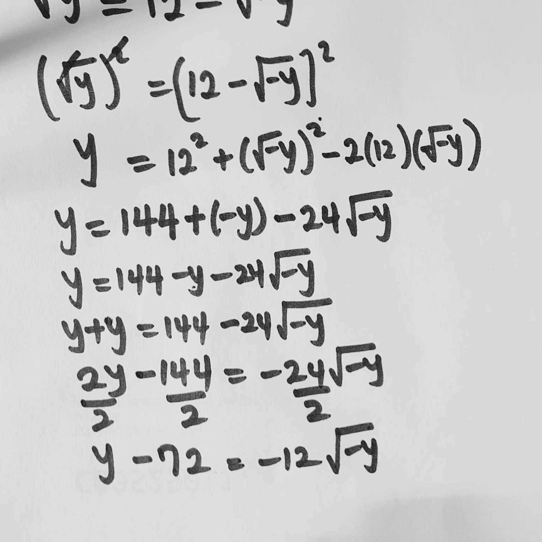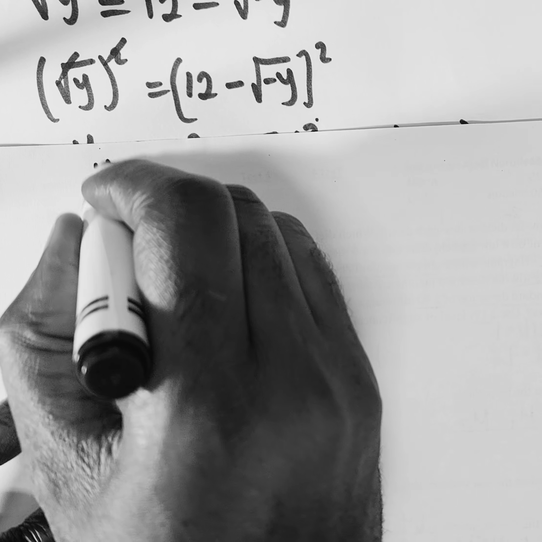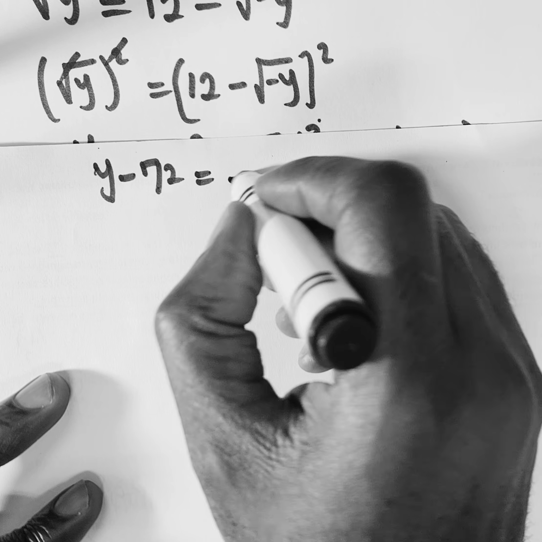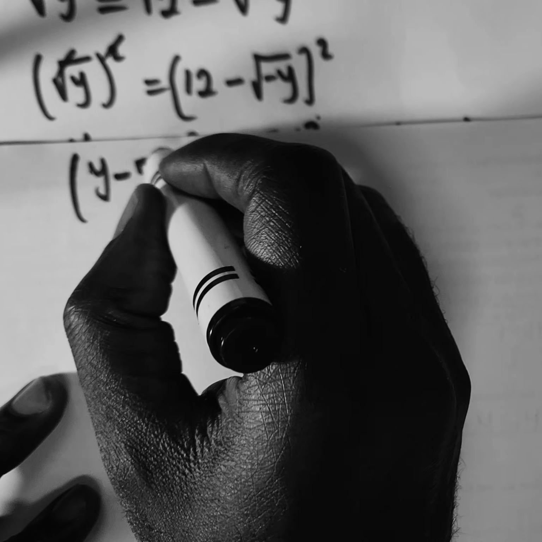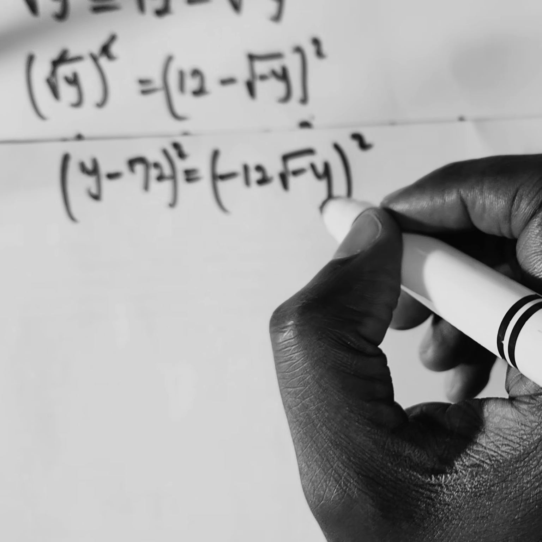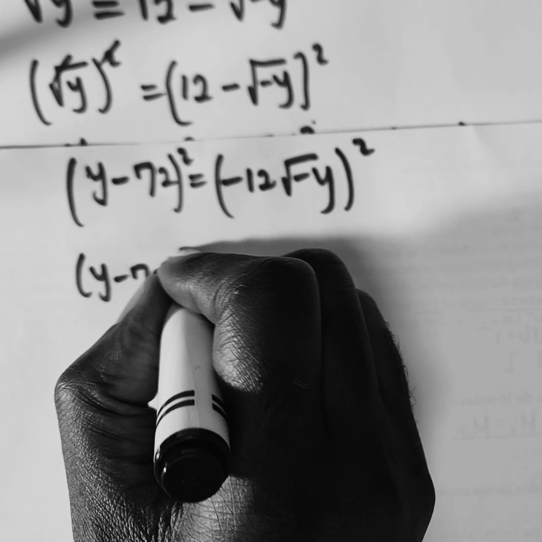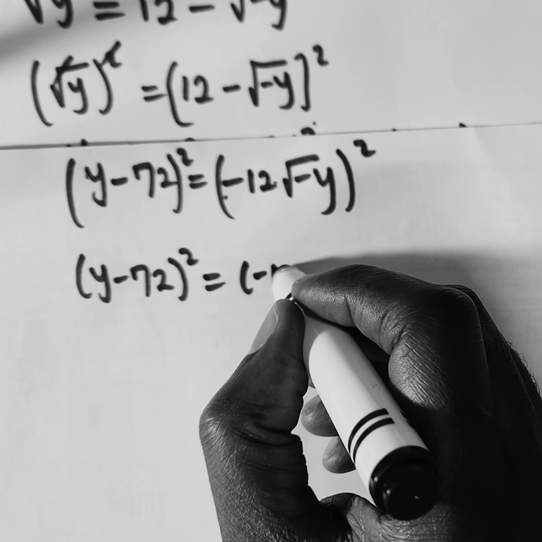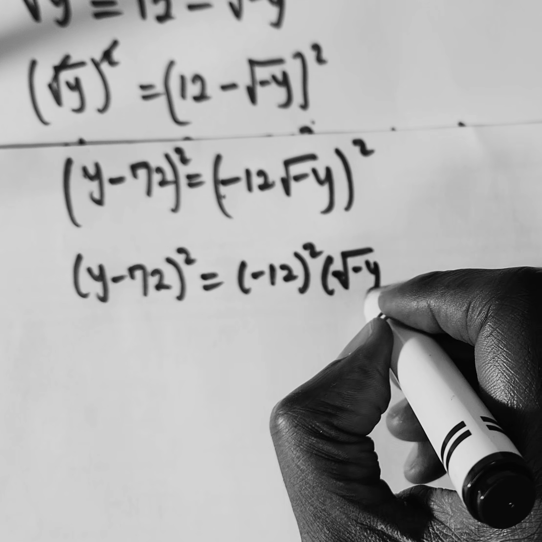So the next thing we're going to do, here we have our y minus 72 equals negative 12 square root of negative y. Square both sides. Why? We need to get rid of the square root. So here we have y minus 72 squared. This negative 12 can be written as negative 12 squared and the square root of negative y squared.